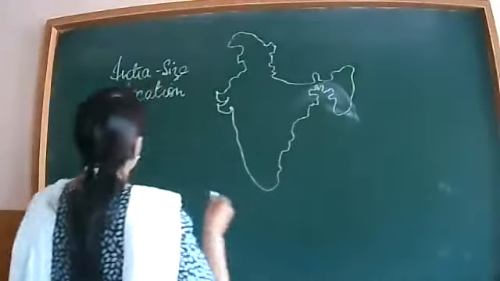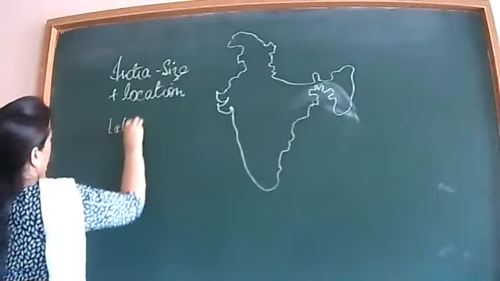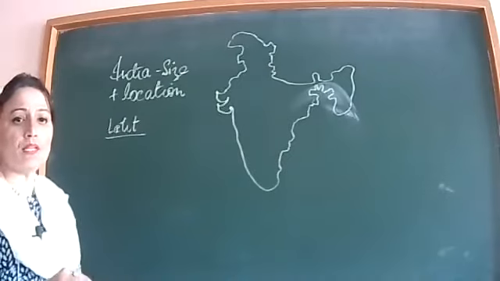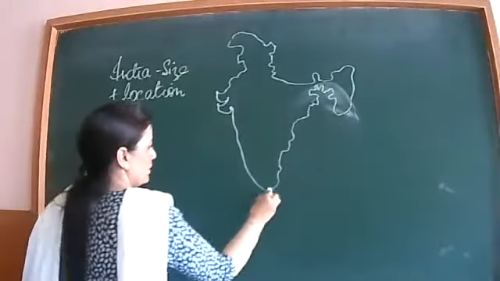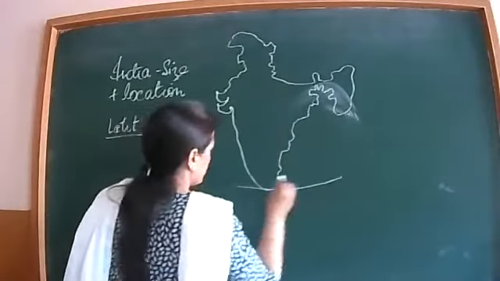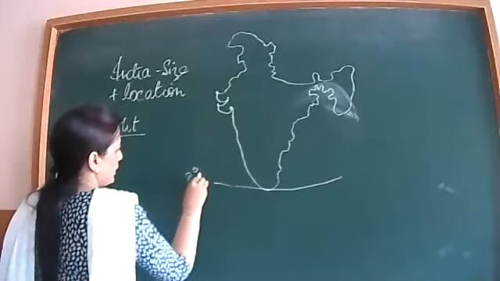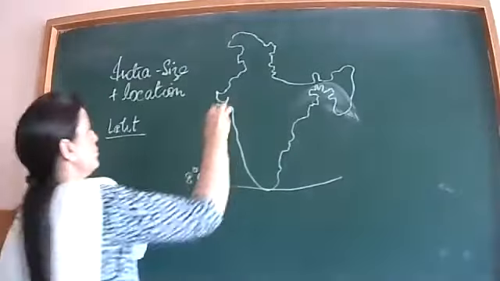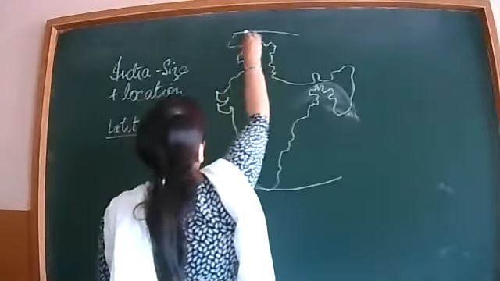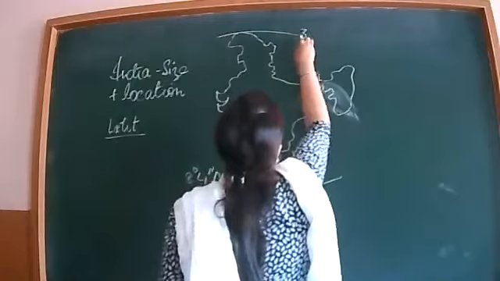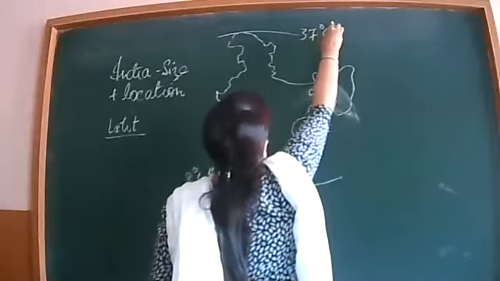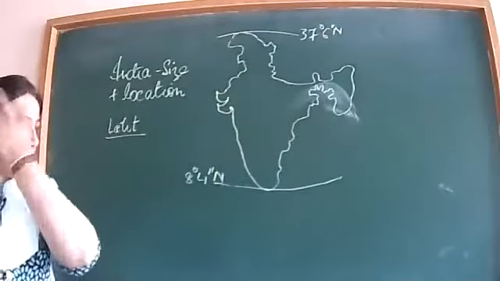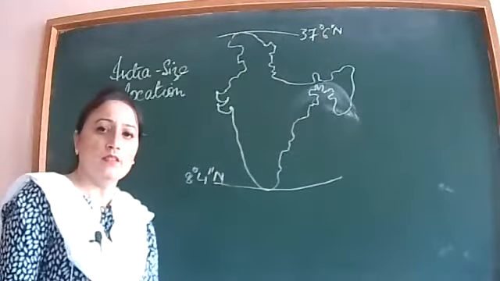First is the latitudinal location of India: from this area, 8 degree 4 minute north, to the uppermost part of India, 37 degree 6 minute north. This is the latitudinal division of India.